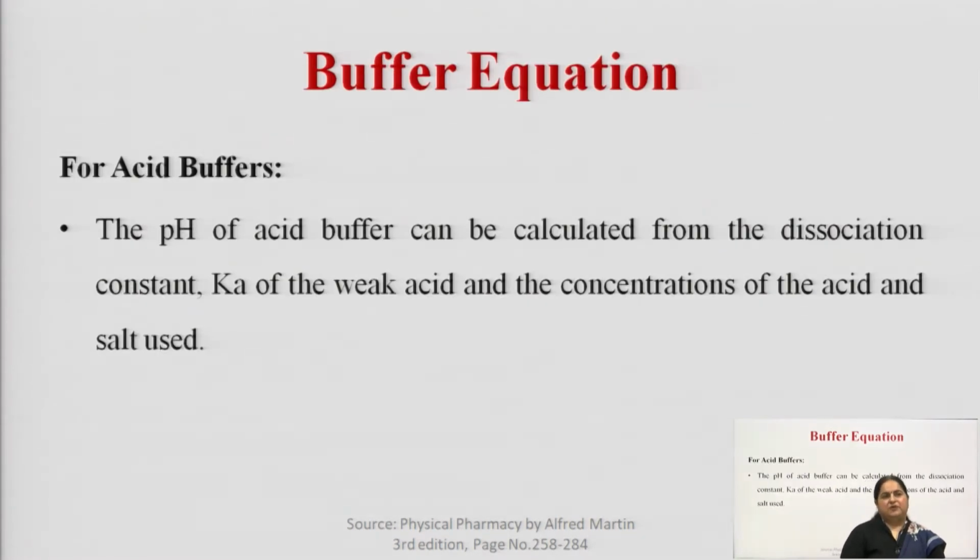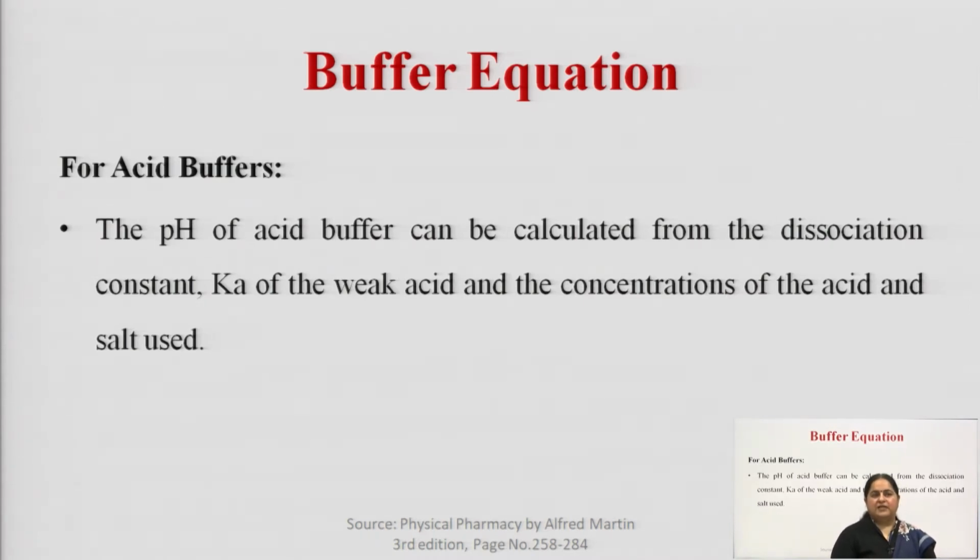So, for acidic buffers, you know buffers are of two types, one is acidic buffers, another one is basic buffers. So, we will take the equation for the two cases. Firstly, we will take acid buffers. The pH of an acid buffer can be calculated from the dissociation constant Ka of the weak acid and the concentrations of the acid and salt used. A buffer, as you know, is a combination of a weak acid and its salt or a weak base and its salt.